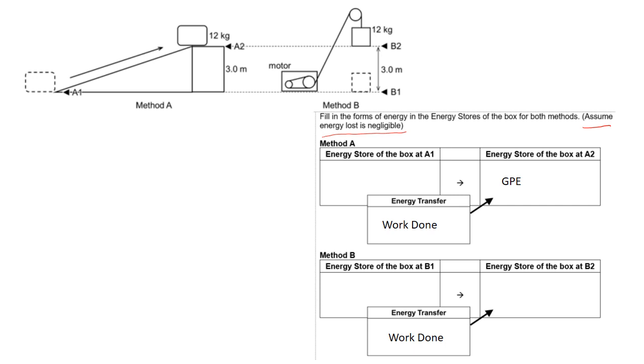There's some force on the cable itself to pull this particular box up. So again there's work done on the box. And once the box is raised up to that certain height, that box would have an energy store of gravitational potential energy. So from there, you would be able to answer the question.